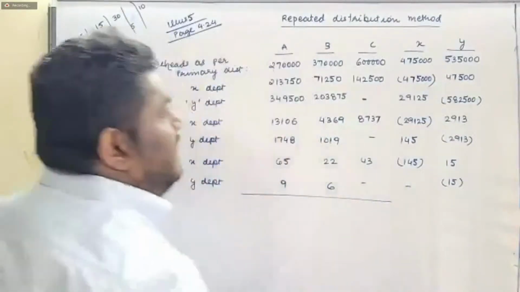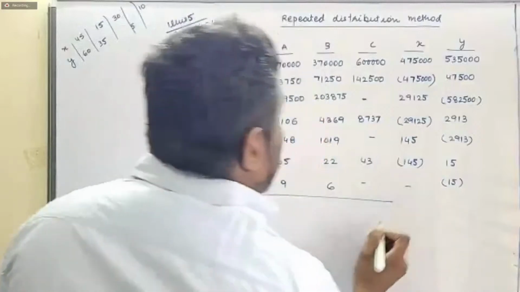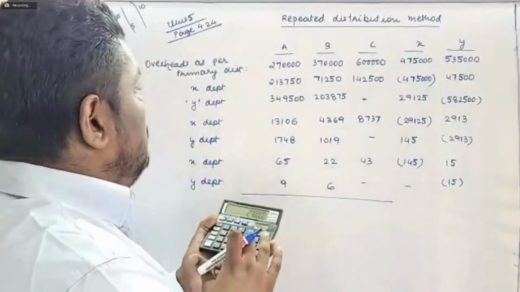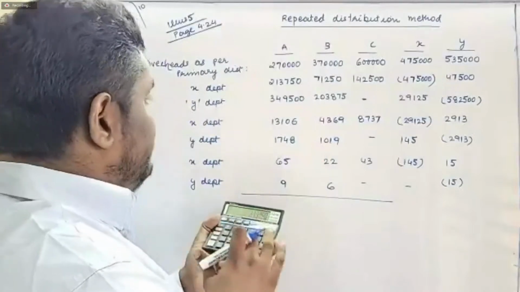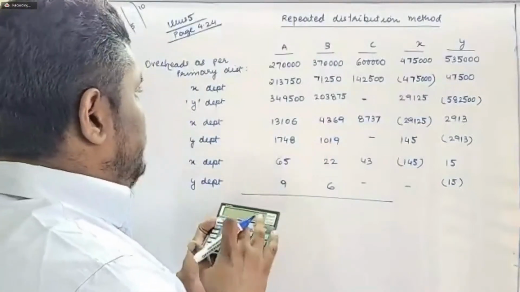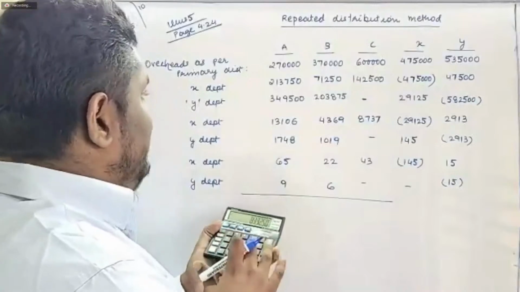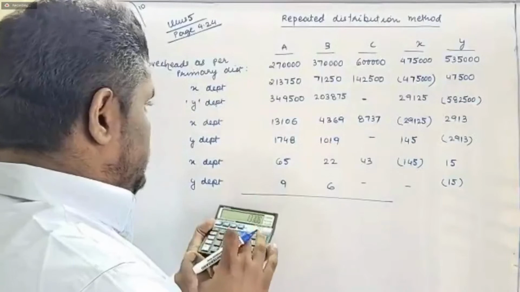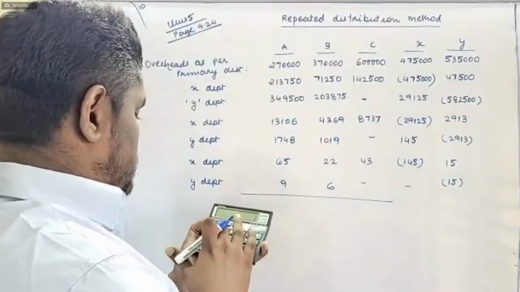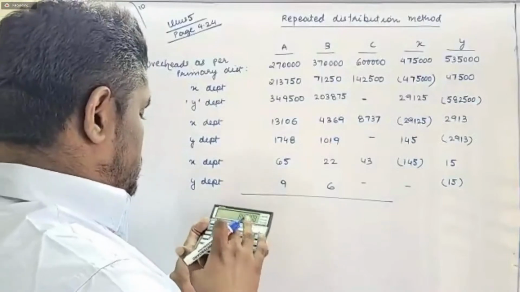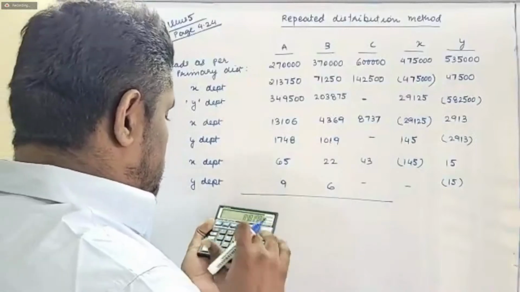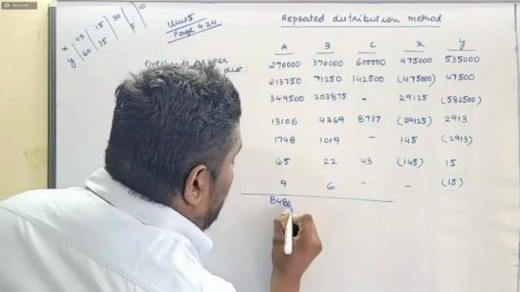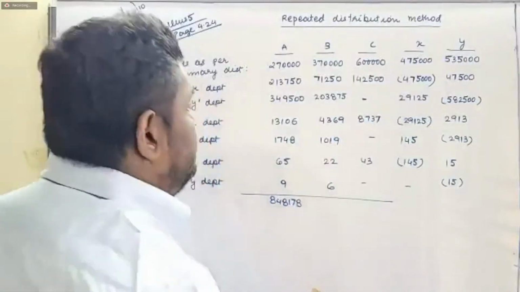So now we can calculate the total of A, B and C. This is 2,70,000 plus 213,750 plus 349,500 plus 13106. This will be 848,178.